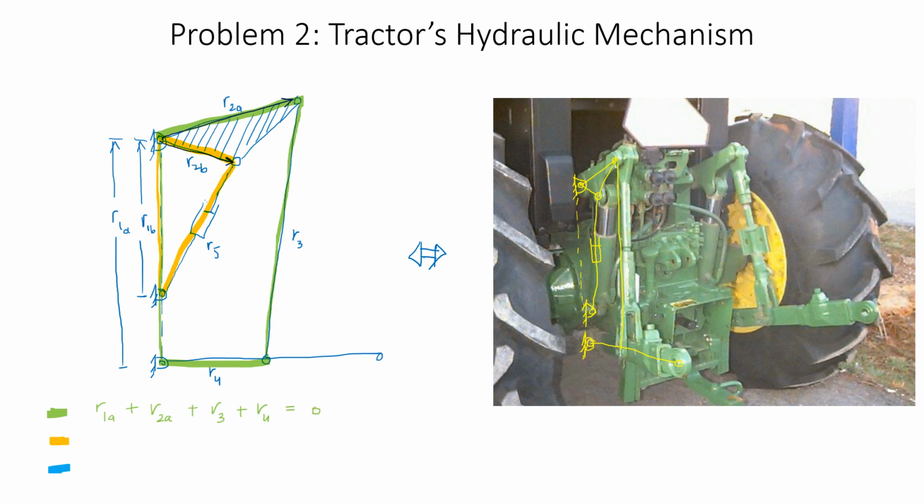So this is one vector loop equation. The other vector loop equation corresponds to r1b, you can see that over here, plus r2b plus r5 equal to 0.